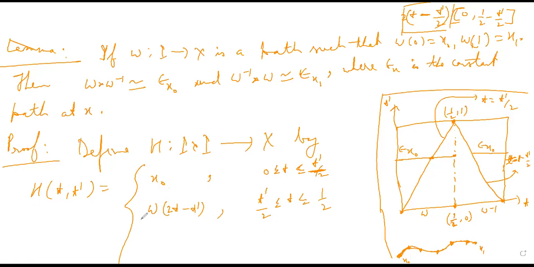Then omega inverse will come, right? So omega inverse in this t between half and 1 minus t prime upon 2.